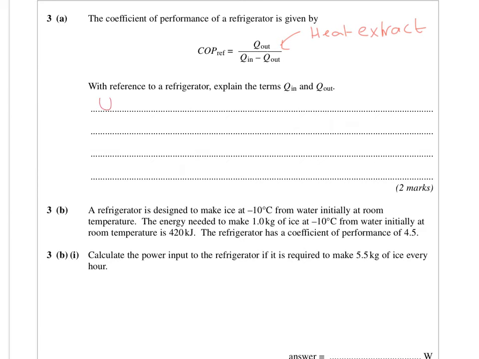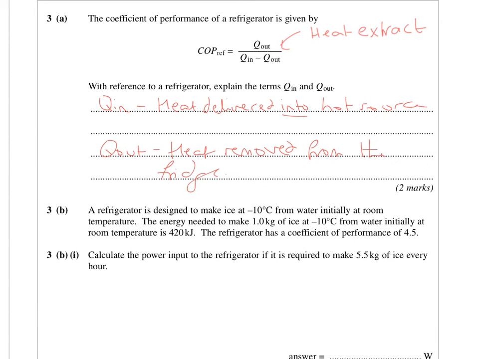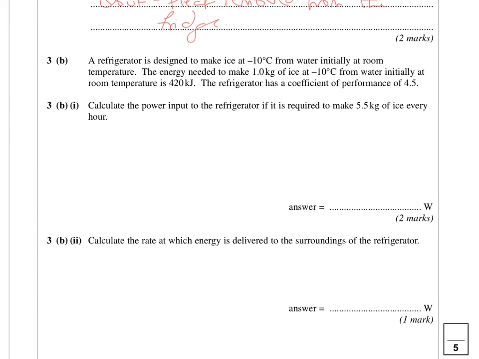So Q in is going to be the heat delivered into the surroundings, and your Q out for a refrigerator is the heat removed from the fridge, or from the food itself inside the fridge. That's what those two terms mean.